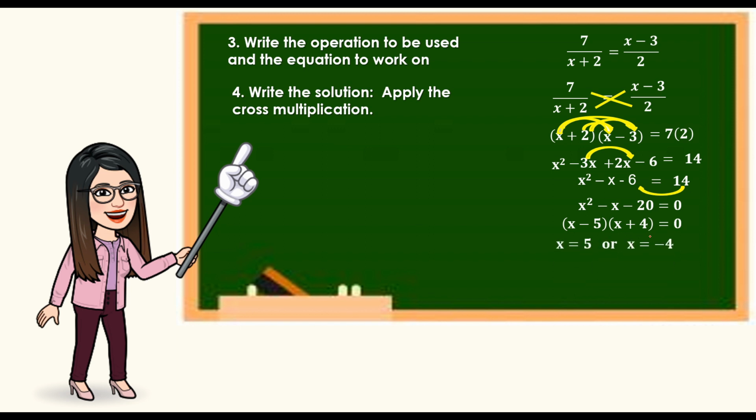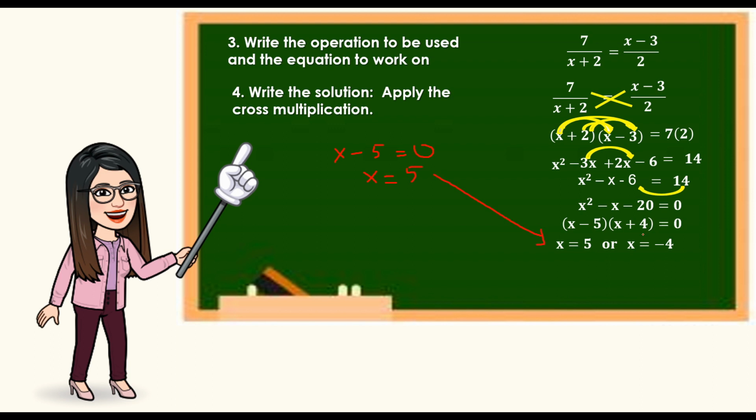By equating it to 0, x minus 5 will become x is equal to 5 and x plus 4 is now x is equal to negative 4. Okay, how does it happen? So x minus 5 is equal to 0. So we will get the value of x. We will transfer it to the other side of the expression. It will become x is equal to 5.